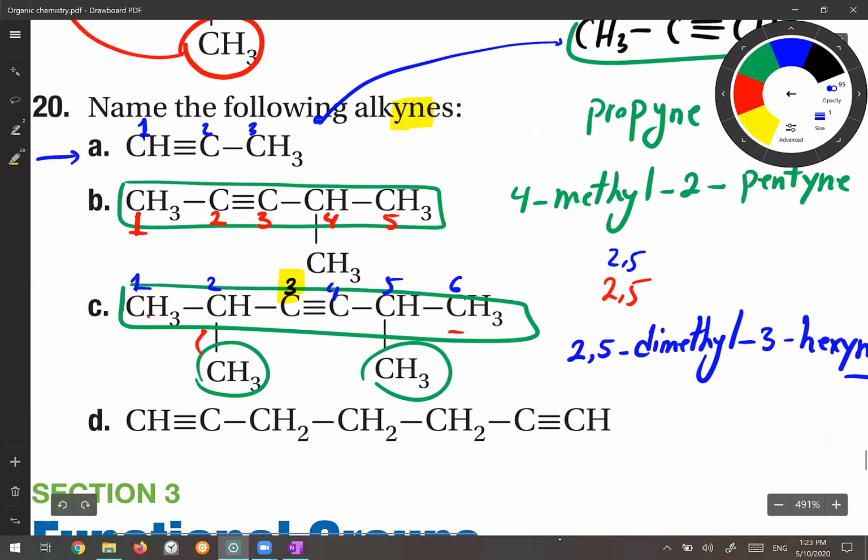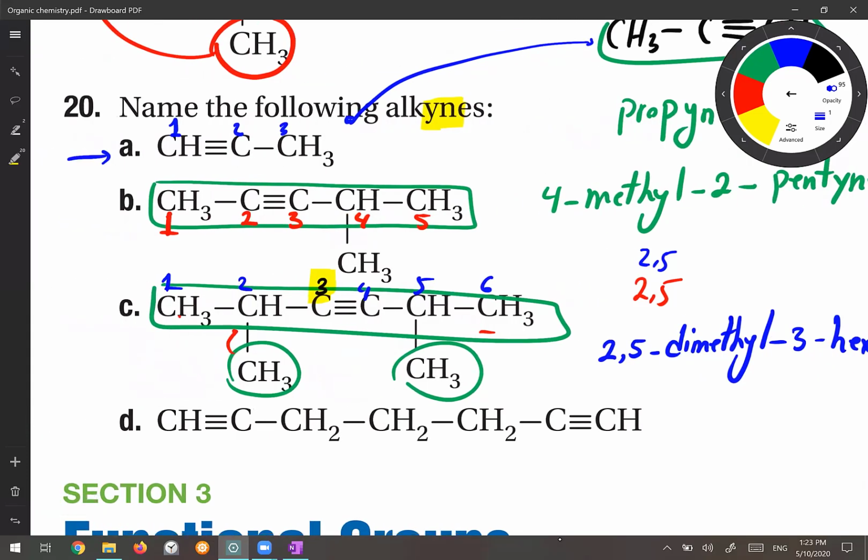And the last example that we want to do here contains two triple bonds without any branch. So you have to number it from the side which these triple bonds receive the smaller number. But again, in this molecule, there is no difference from which side you number it.